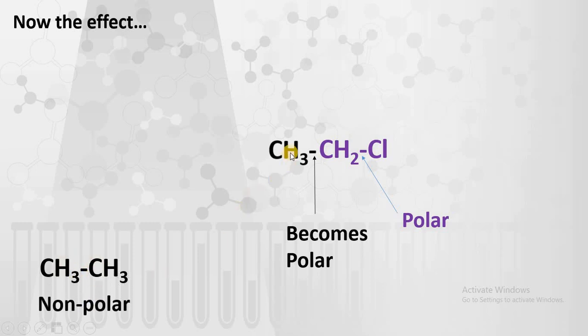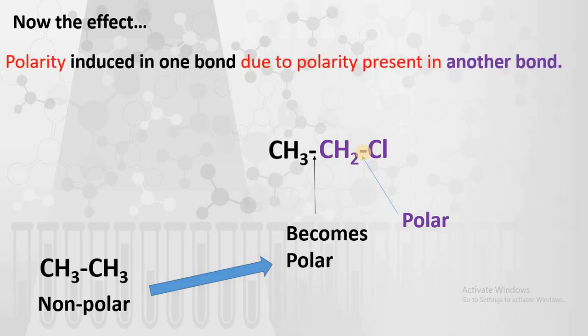But here, this carbon-carbon bond becomes polar due to the polarity present in the adjacent bond. So the polarity is induced, or generated, in this bond because of the polarity in the other bond. The clear definition is that the polarity induced in one bond due to polarity present in another bond is called the inductive effect.